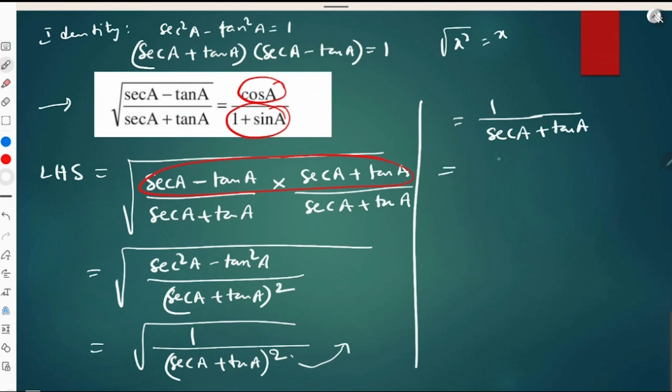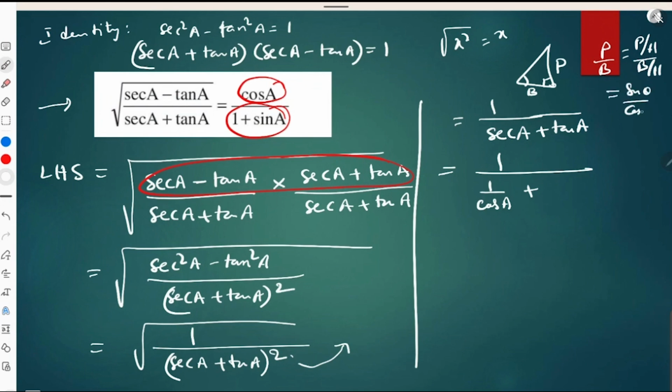So what is secant A? 1 by cos A, because the definition of secant is the reciprocal of cos. What is tan? Perpendicular by base, which can also be taken as perpendicular by hypotenuse over base by hypotenuse. So tan theta is sine theta by cos theta.